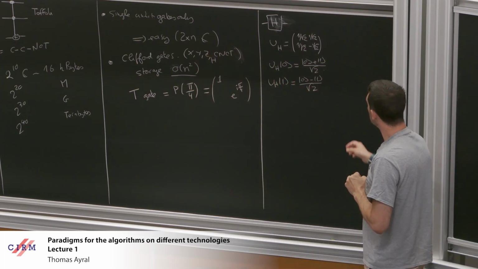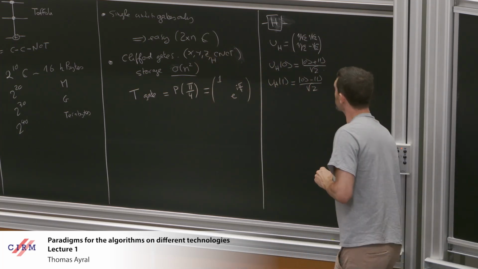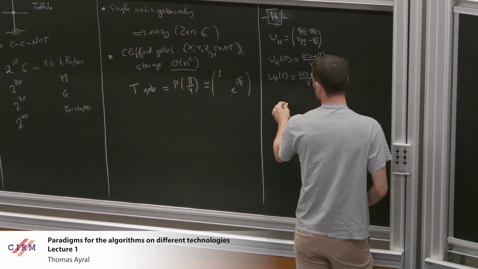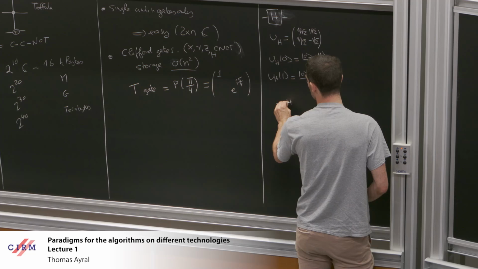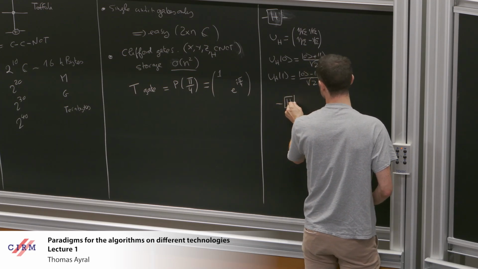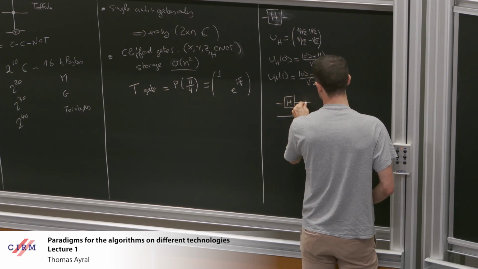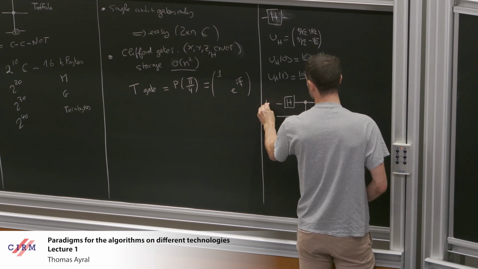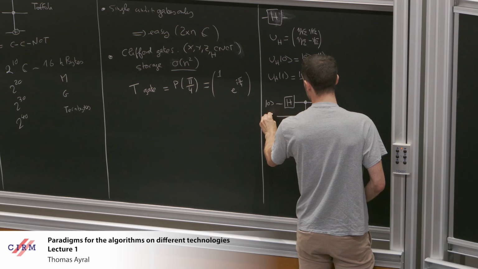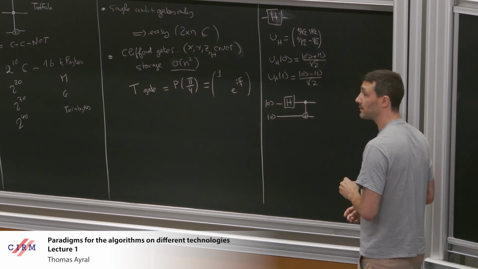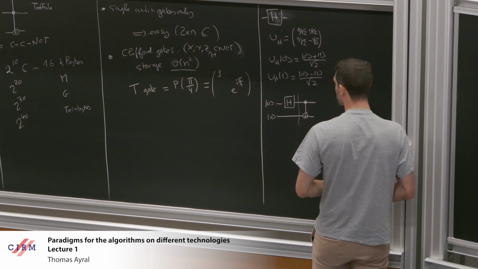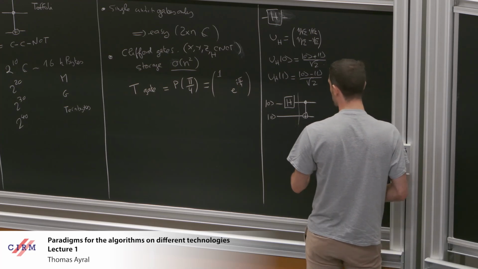Okay? This gate is important because it can allow me to create a state that you have probably heard of. And it's probably the first exercise we're going to do together. So let's say I have a circuit with a Hadamard gate and a CNOT gate, and I would like you to tell me what is the output state of this circuit. Since it's the first we are looking at together, we can do it together.